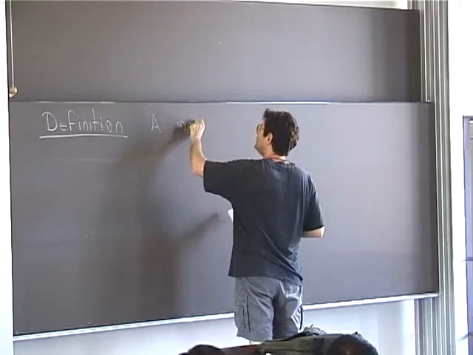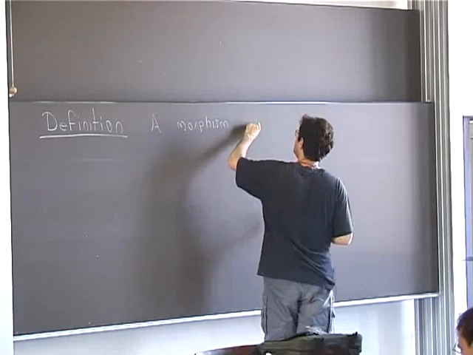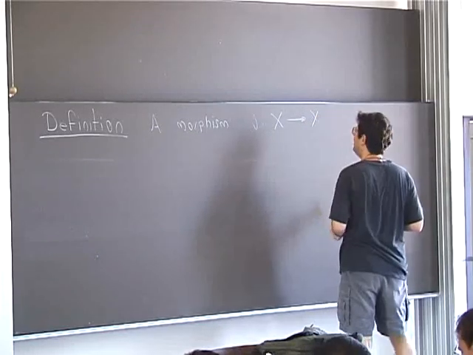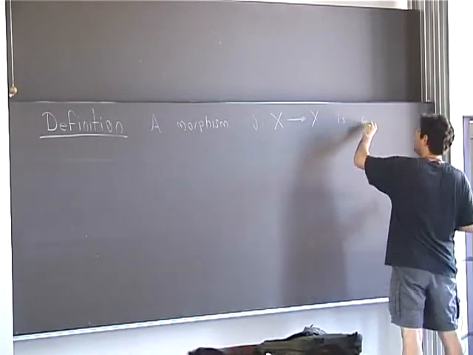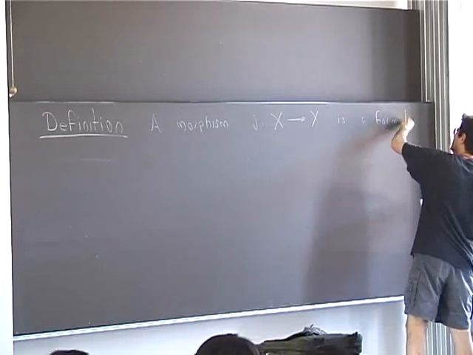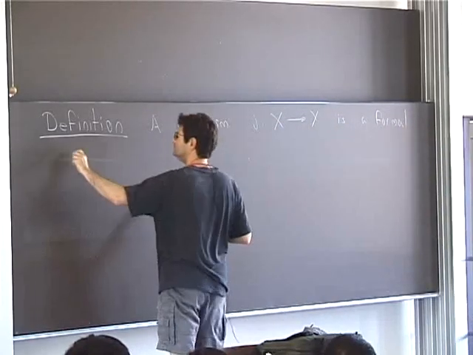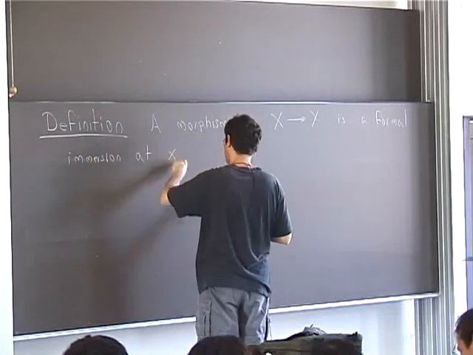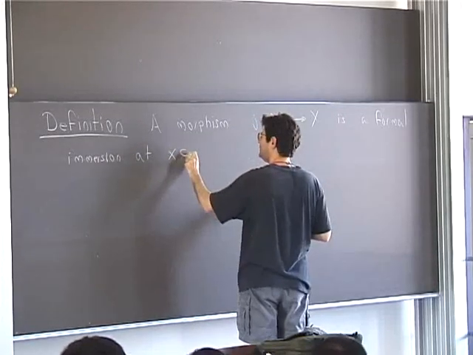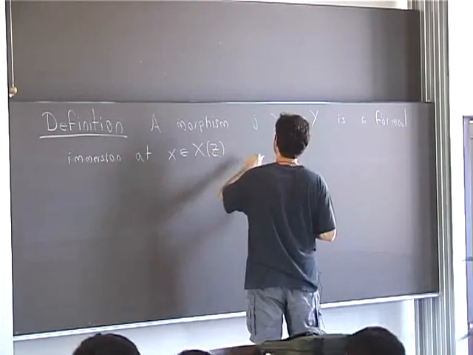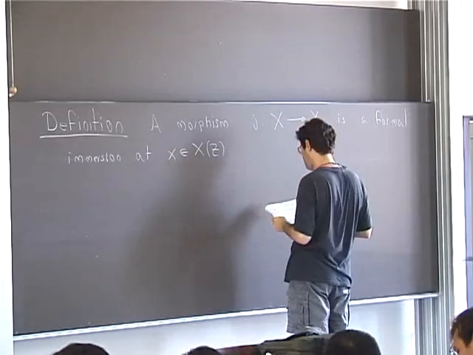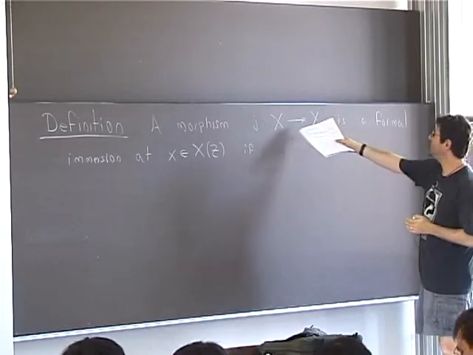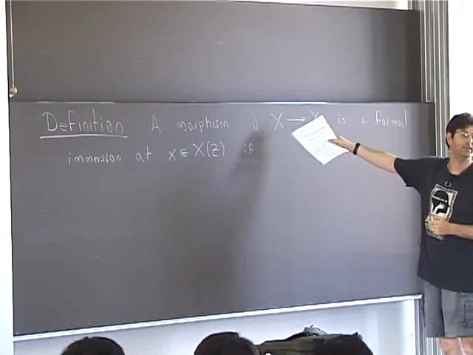So a morphism of curves, or varieties, j from X to Y, is called a formal immersion at a point x. Here I take x as a point of X(Z), so I'm working with schemes over Z. I say that it's a formal immersion if it induces a surjection on the completed local rings at the points.